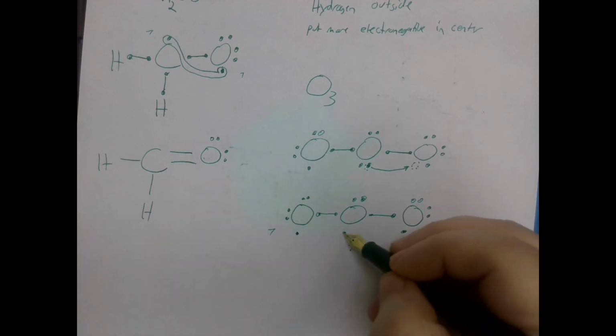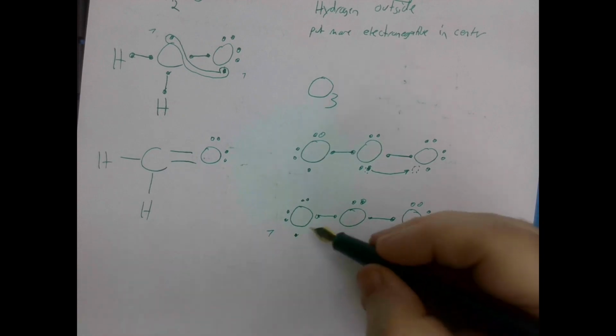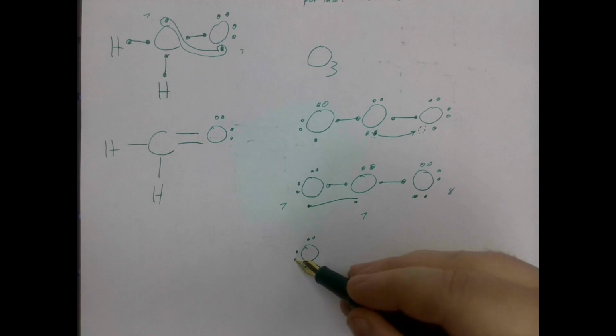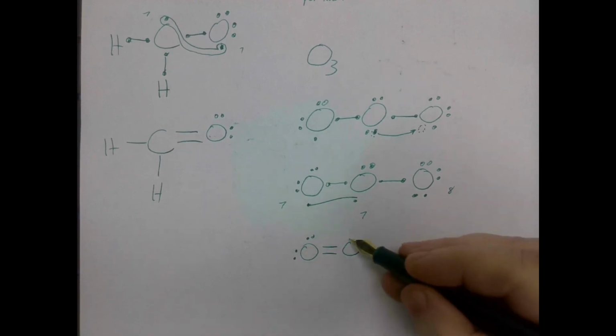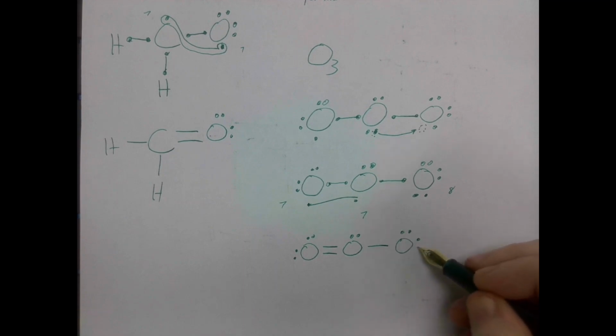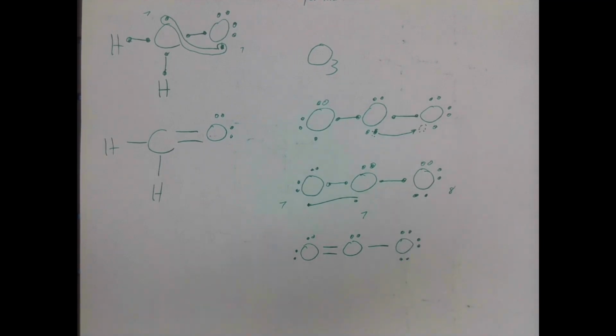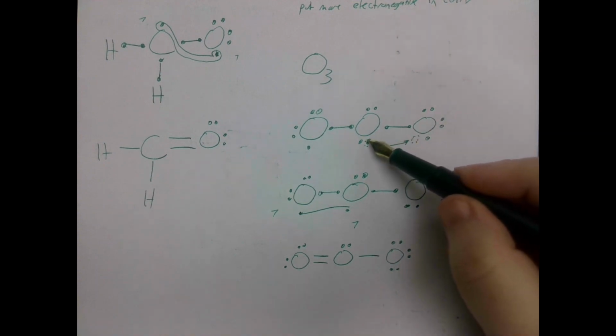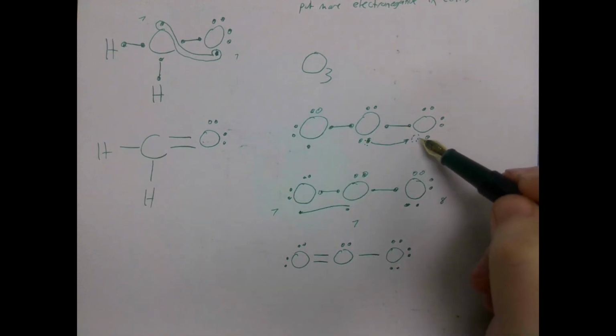What can we do with these two electrons that are left over? Bond them. So we get a double bond here. The reason why is if we look over here, we need this electron over here.